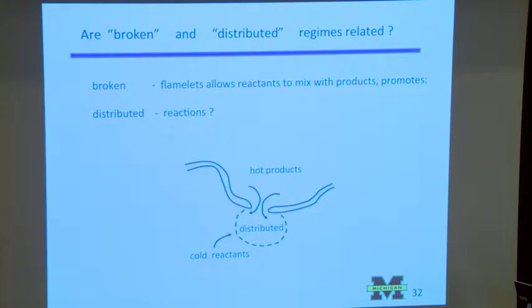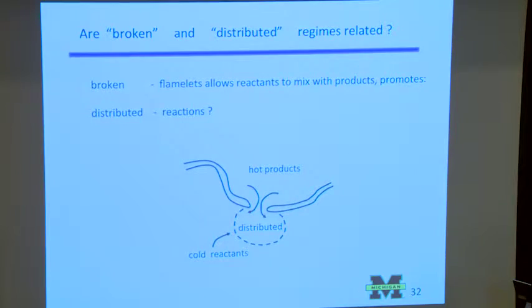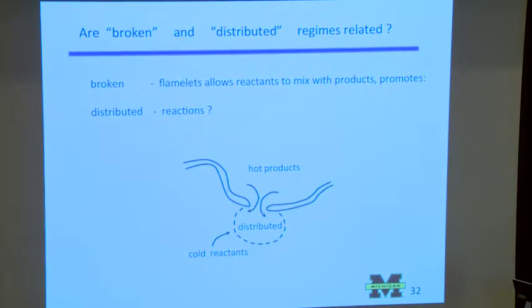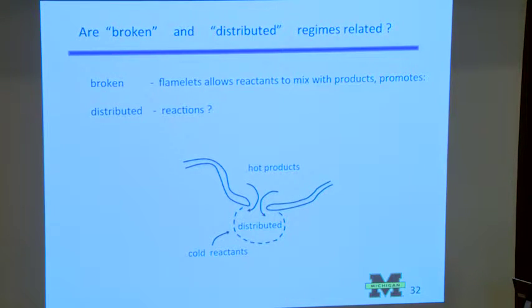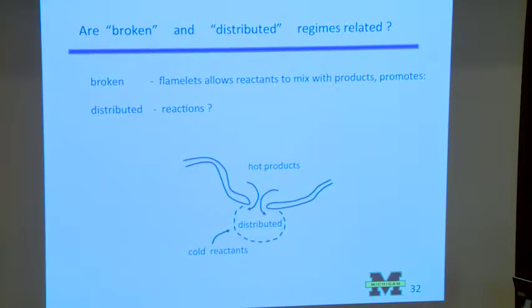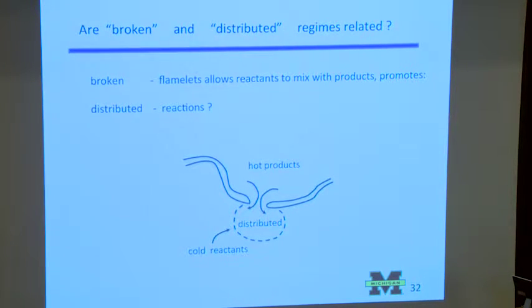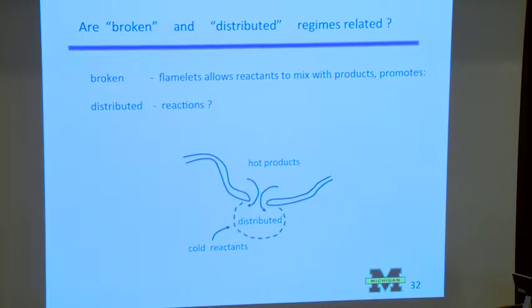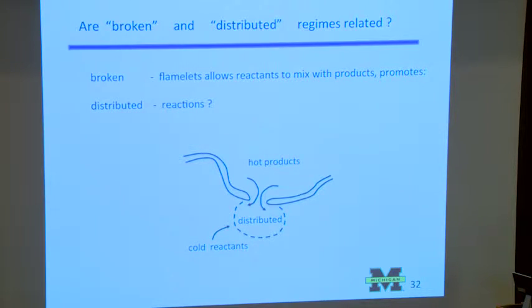And then there's another issue, which I'll leave you with right before we take a break: how do you get distributed reactions? We've talked about this. Obviously, if you take a big stick and mix everything up really fast, like in a recirculation zone, you might have distributed reactions. Or if you have a piston in an HCCI engine, definitely you're going to get distributed reactions.